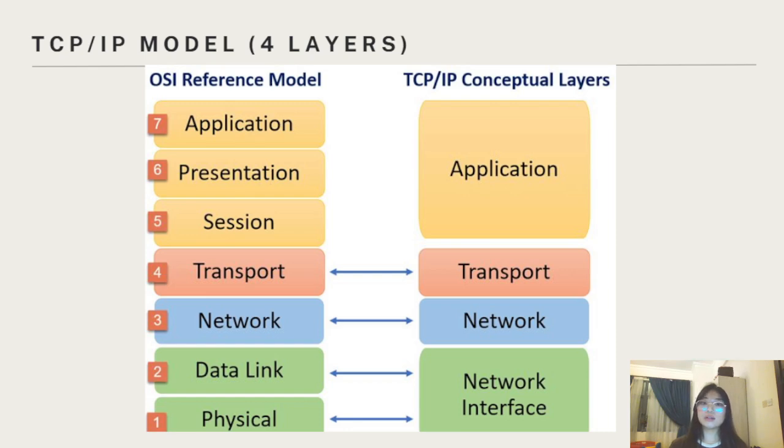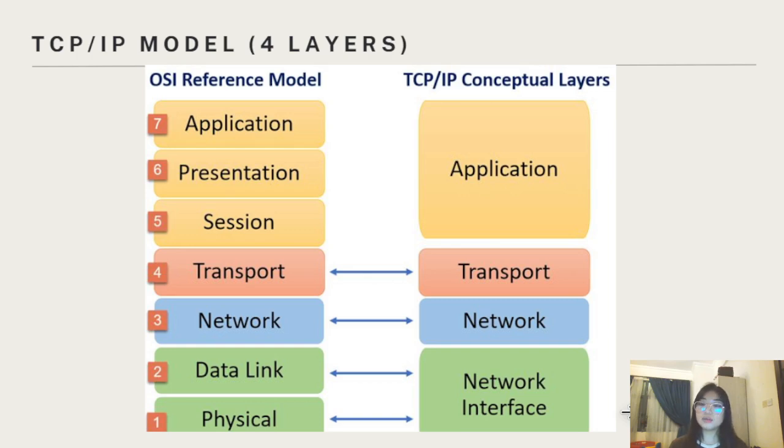For our second model, we have the TCP/IP model, which consists of 4 layers, or what we call the Transmission Control Protocol or Internet Protocol model. First, we have the network interface layer. This layer manages hardware and physical connection to the network.